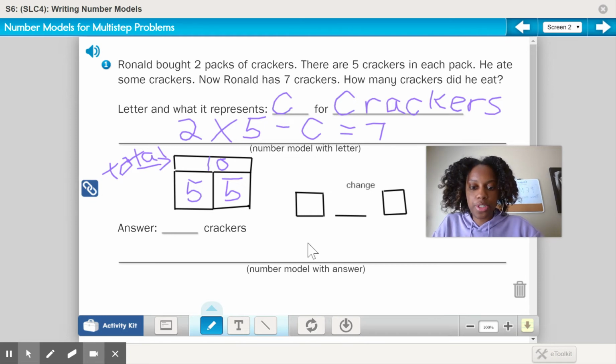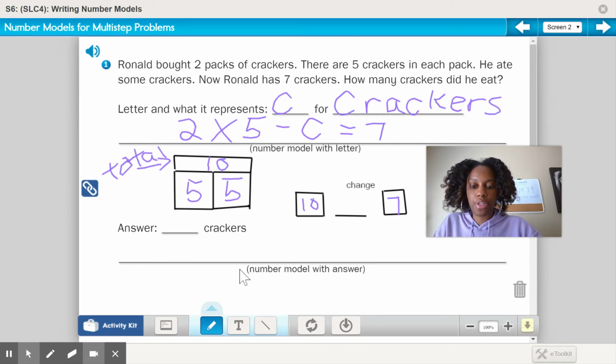So we're going to fill in our change model to represent the number model that we just created. So we know we started with 10 crackers because there were 5 crackers in each pack. And at the end, after the change happened, he had 7. So in order to get from 10 to 7, how many crackers did he eat?